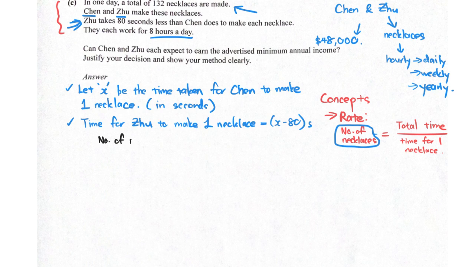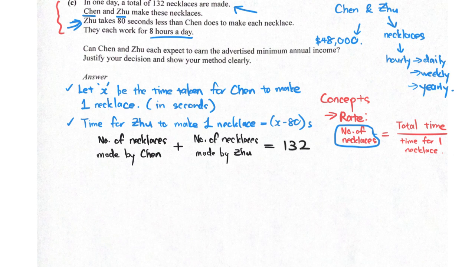The number of necklaces made by Chen added up with the number of necklaces made by Zhu should add up to 132, our starting statement. So now we'll use the concept of rate and put it together. Total time is 8 hours, the same for both, divided by the rate of each person.